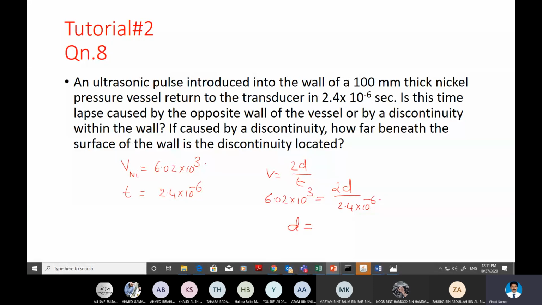How much is the value of d? Can you calculate it and tell me how much is the value of d you are getting? Anyone has a calculator? If you could calculate and tell me how much is the value you are getting. Yes, doctor, 1 minute.